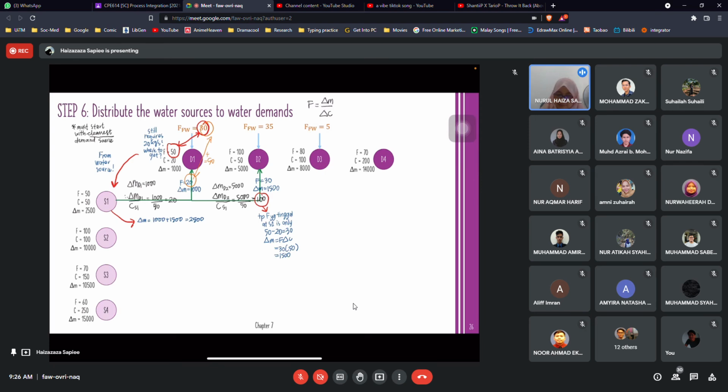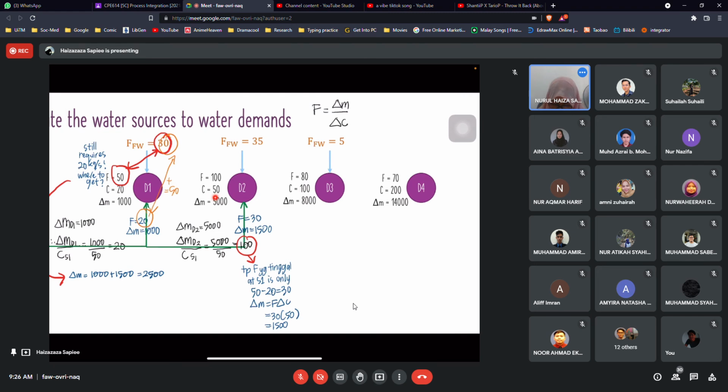Tapi sekarang ni dia tak match delta M ni dengan delta M ni, tak apa ke? This delta M which is 5000 dengan this delta M which is 1500. Boleh ke? Rasa-rasa boleh ke tak boleh? Tak boleh. Kenapa tak boleh?